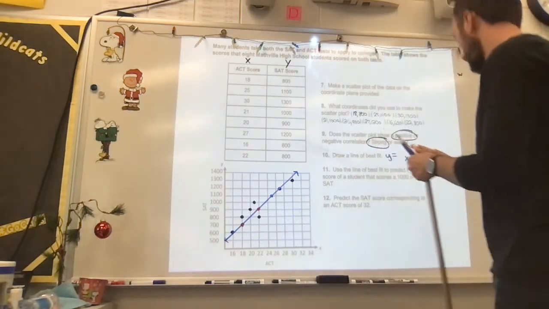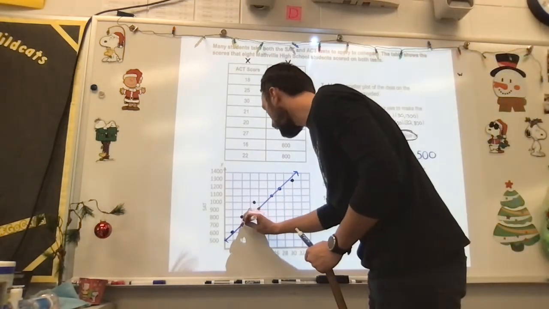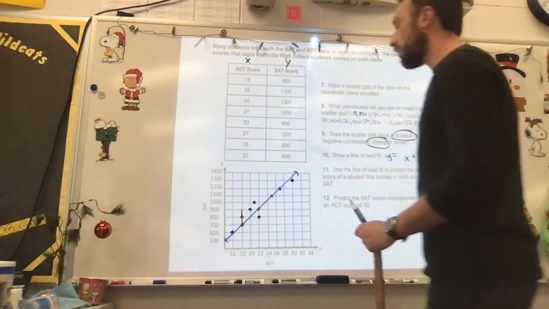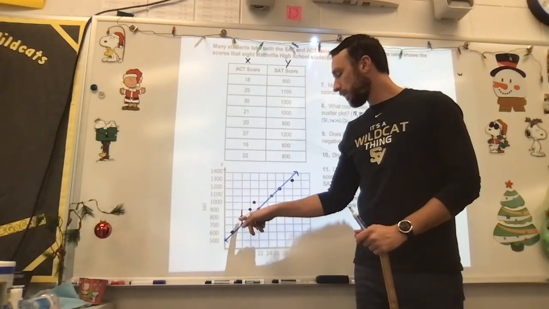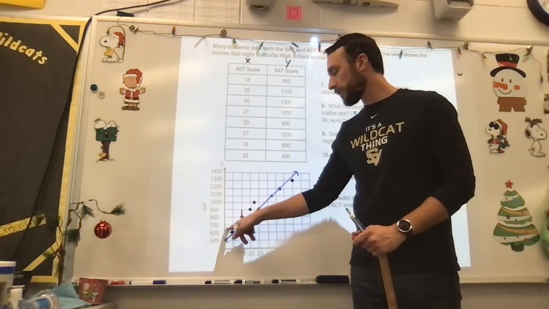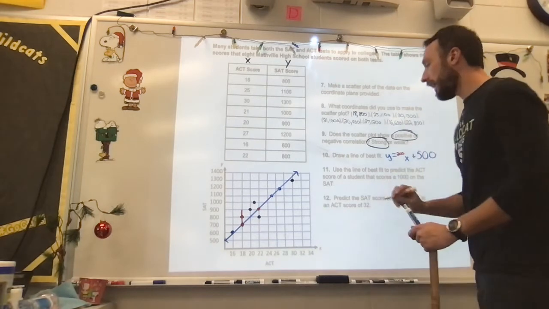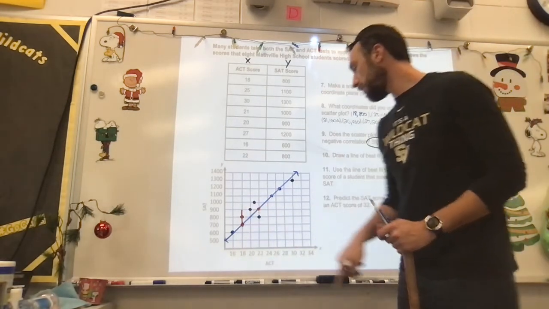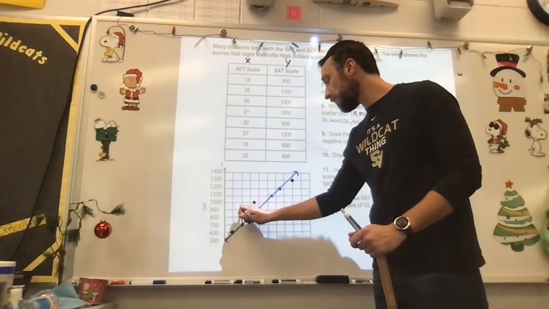Close enough. And to find our rise over our run, we go up 1, 2. That's our rise, but that's not actually just 2. We go up 2, but we're counting by 100, so we're actually up 200. And we're going over 1, 2, and we're counting these by 2s, so it'd be over 4.